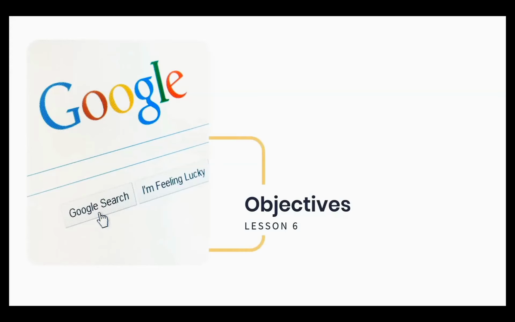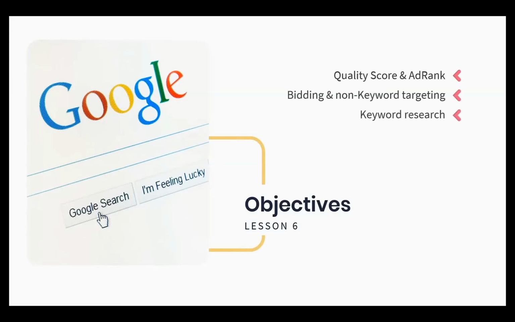I have another challenge for you on this lesson, but first up, let's see what's coming up in lesson 6, which is all about planning a search campaign. We'll be looking at quality score and ad rank, bidding and non-keyword targeting, keyword research specifically for Google search, and then ad copy preparation.